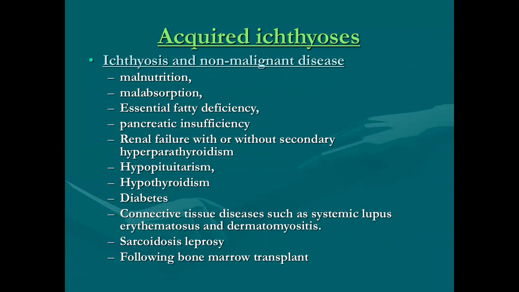Ichthyosis is also acquired in several non-malignant diseases. Like ichthyosis is seen in several malnutrition syndromes and malabsorption disorders with essential fatty acid deficiencies, in pancreatic insufficiency, in renal failure with or without secondary hyperparathyroidism, in hypopituitarism, in hypothyroidism, in diabetes, in connective tissue diseases like SLE and dermatomyositis, in sarcoidosis, in leprosy, lepromatous leprosy, and following a bone marrow transplant.